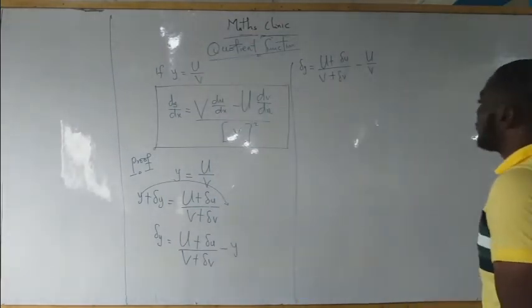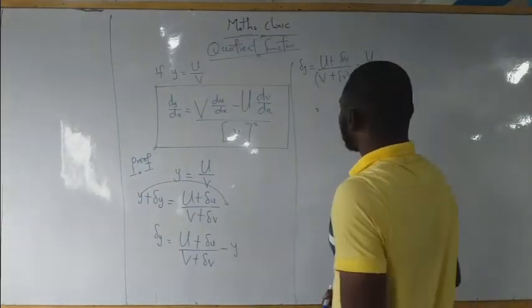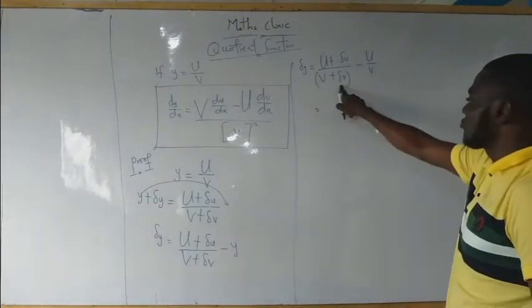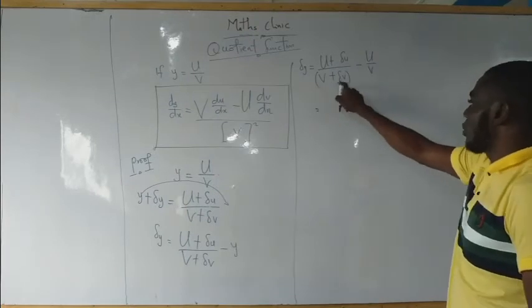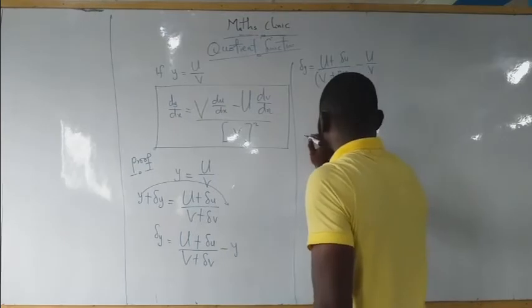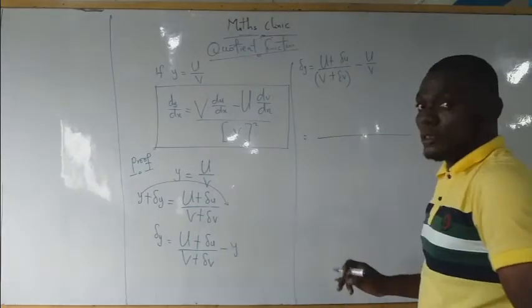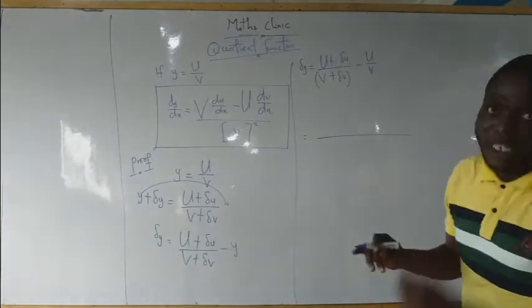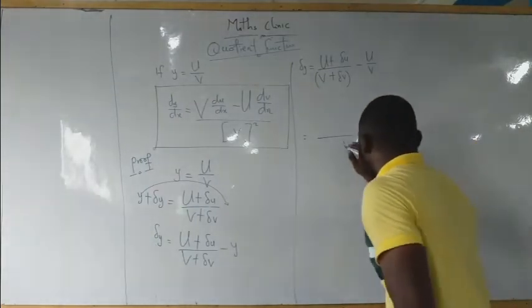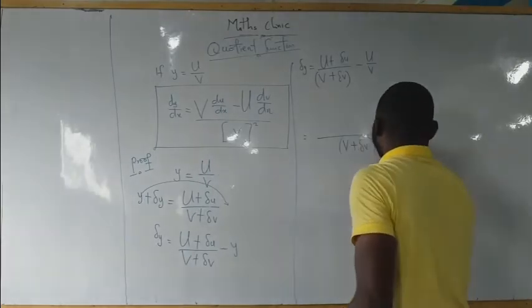Look for the LCM of v plus dv and v. The LCM will be the product of the two denominators, that will be v plus dv into bracket v.